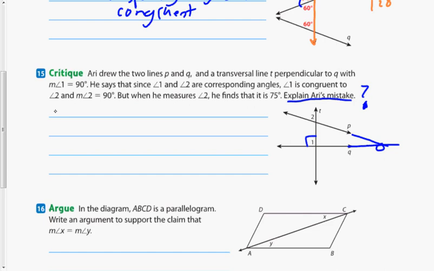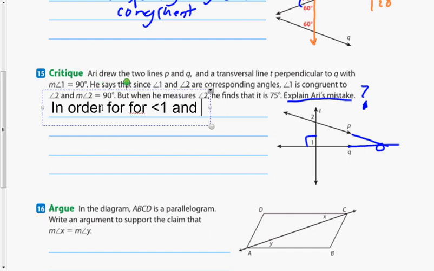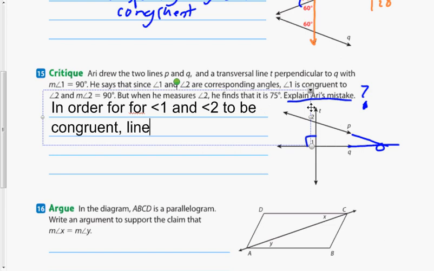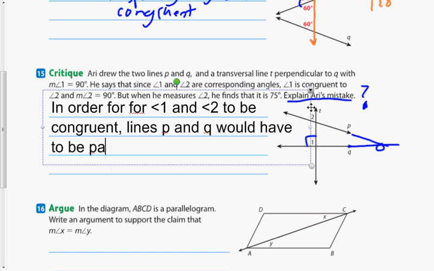So basically, or we'll say it like this, in order for angle 1 and angle 2 to be congruent, lines P and Q would have to be parallel.